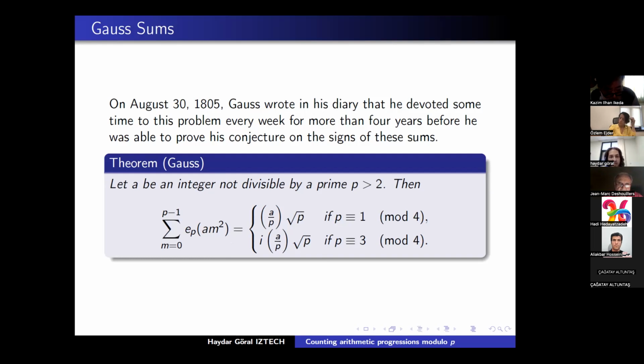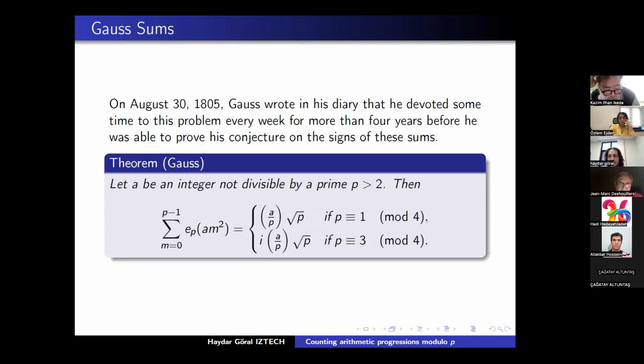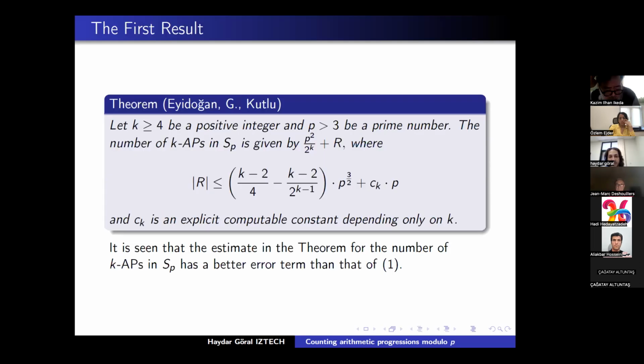Using the theorem of Gauss, the Fourier transform technique and the character sum estimates in several variables, we prove the following theorem. Suppose that k is at least 4 and p is a prime number bigger than 3.